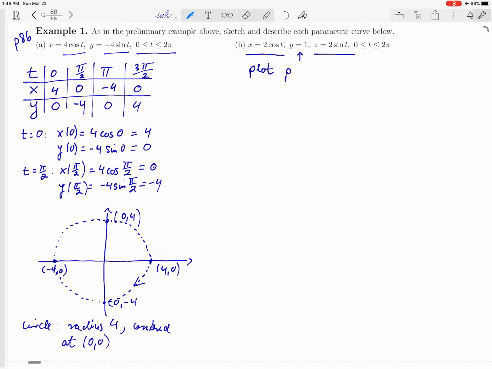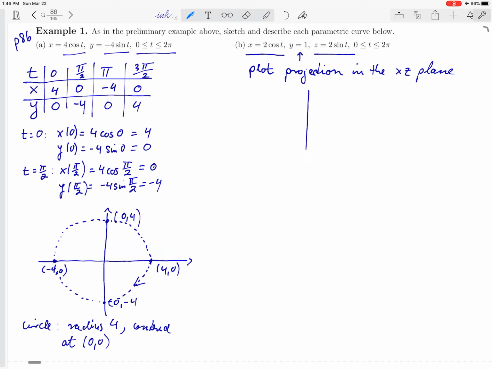We are just going to plot a projection in the xz plane. And so if we just concentrate on x equals 2 cosine t, z equals 2 sine t, we could go through again and make a table of values.